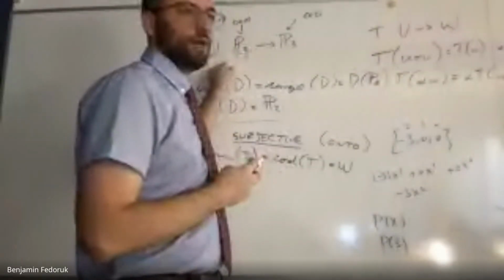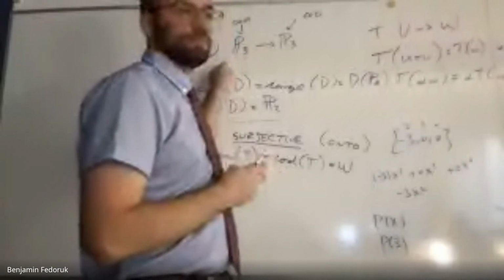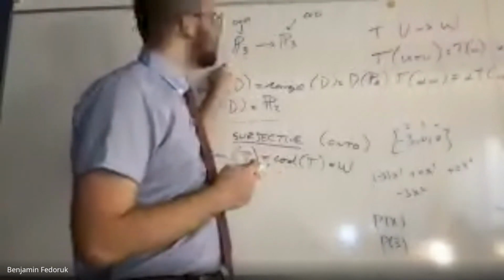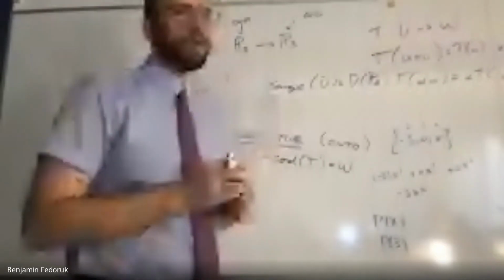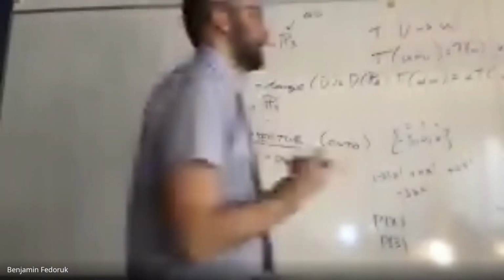No? Why? Exactly, right? The derivative of x squared is the same thing as the derivative of x squared plus 1. They're both 2x. But that doesn't mean that x squared equals x squared plus 1. They're two different things, right? It means it's non-injective.